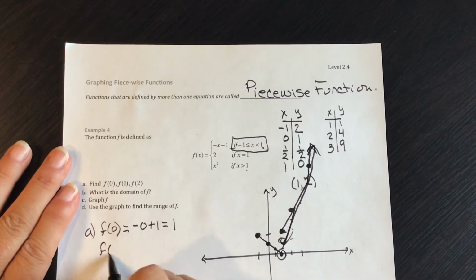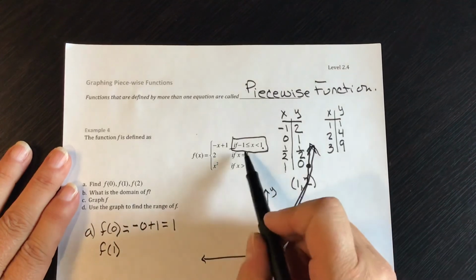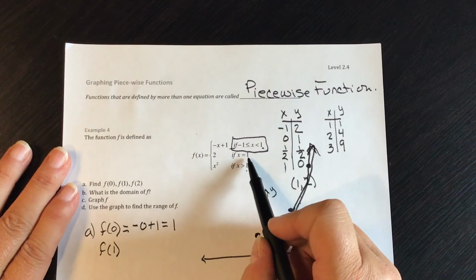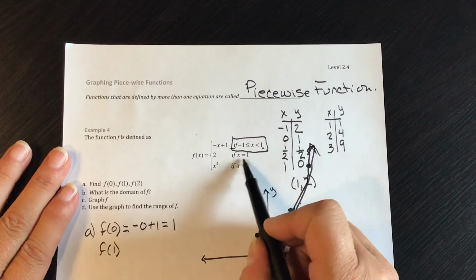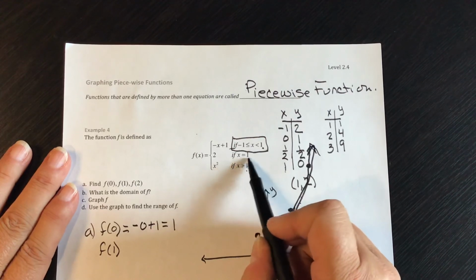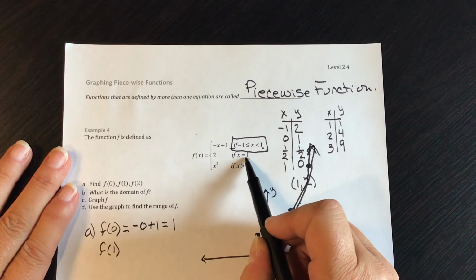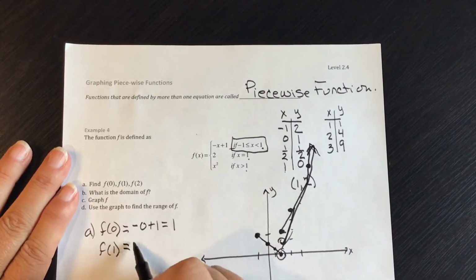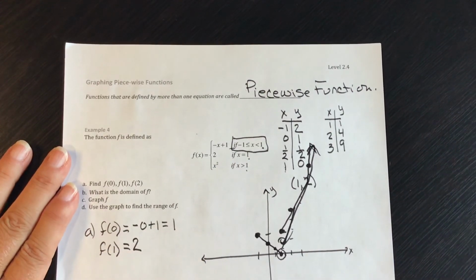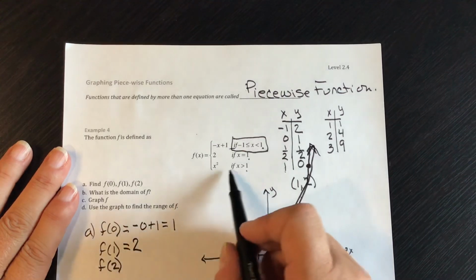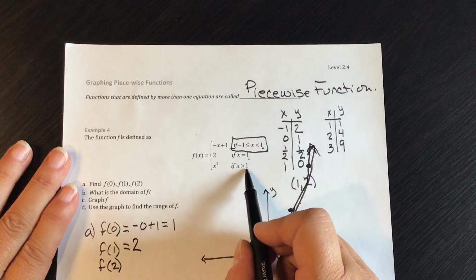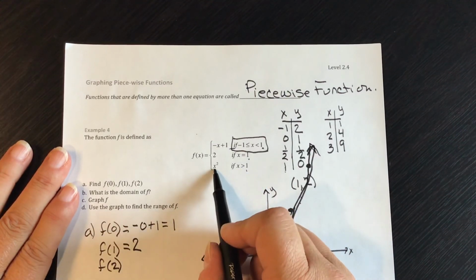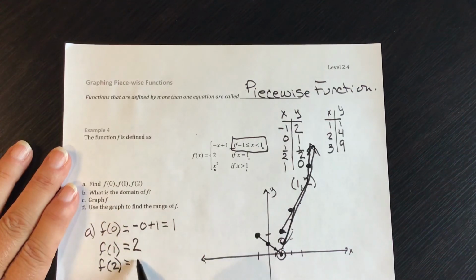I have f of 1, and I'm going to go up here. f of 1 is equal to, in this domain, if x equals 1, y has to equal 2. For f of 2, I plug in 2 into the numbers that are greater than 1. So I plug in 2 into this function. 2 squared is 4.